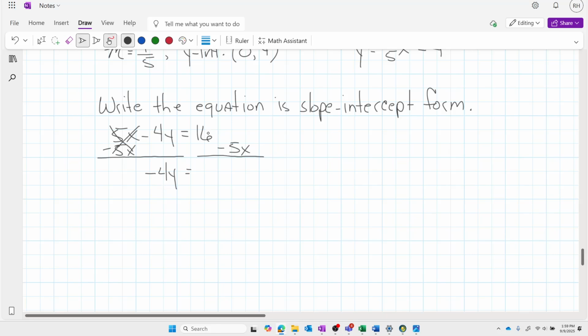Now look, slope-intercept form, the number in front of the x and the x go right next to the equal sign. So just move this minus 5x next to the equal sign. And is this 16 positive or negative? So plus 16. And then everything gets divided by negative 4.